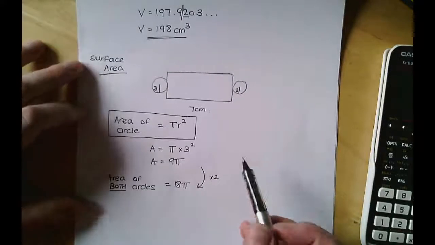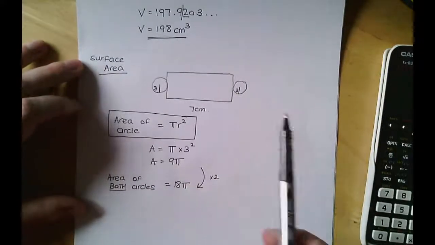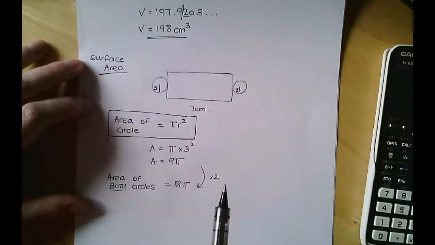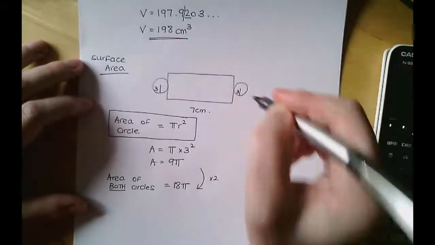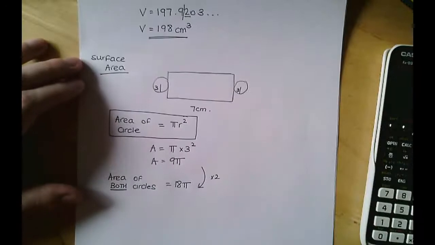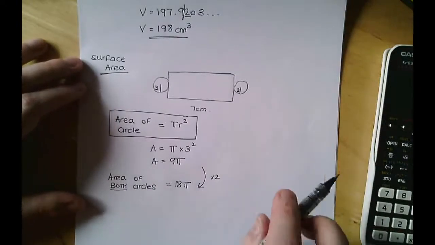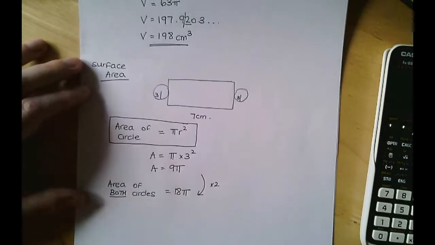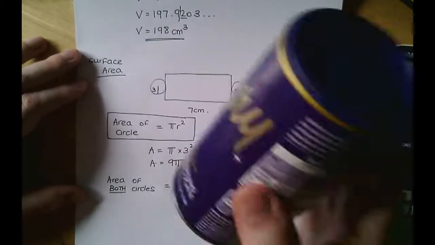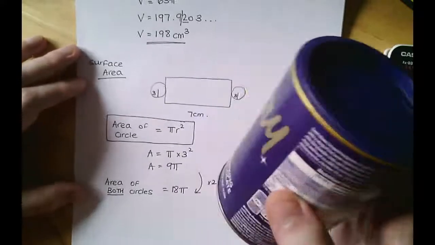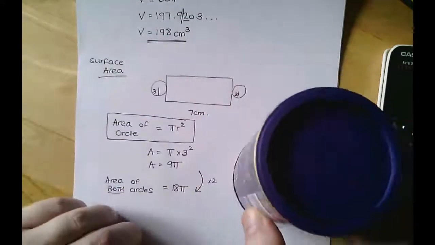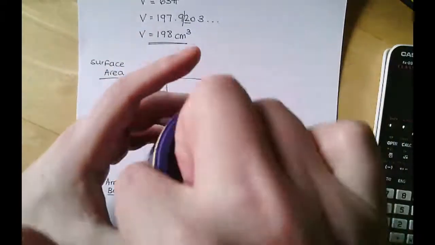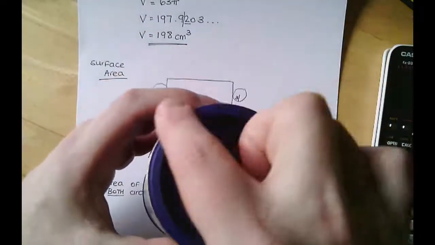Now for this rectangular part, this is where it gets a little bit more difficult. We're told this length here is 7, but we're not told this length. But we can actually work it out. If I had a cylinder like this one here, the length of this bit all the way around is actually the circumference.